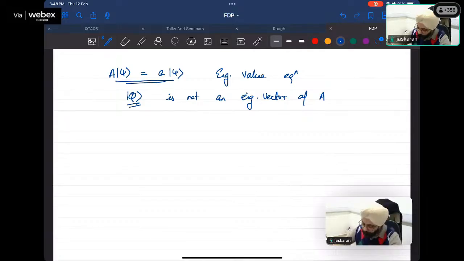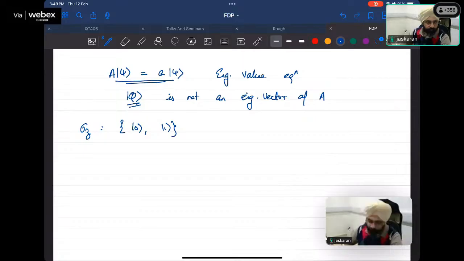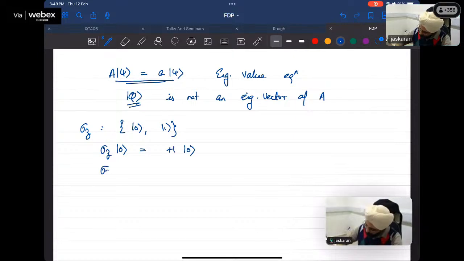For an example, look at the Pauli sigma z matrix, which has eigenvectors denoted by ket 0 and ket 1. If I want to measure sigma z on ket 0 following this eigenvalue equation, I will get plus 1 ket 0, and sigma z acting on ket 1 gives minus 1 ket 1.